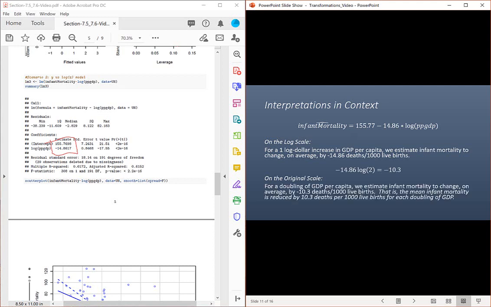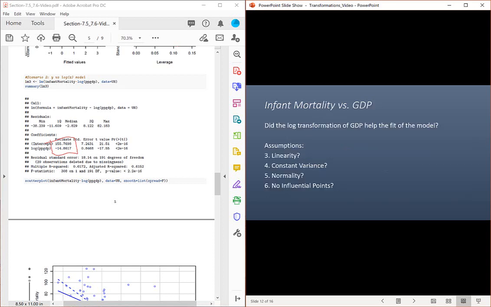For a doubling of GDP per capita, we estimate infant mortality to change, on average, by negative 10.3 deaths per 1,000 live births. That is, the mean infant mortality is reduced by 10.3 deaths per 1,000 live births for each doubling of GDP.